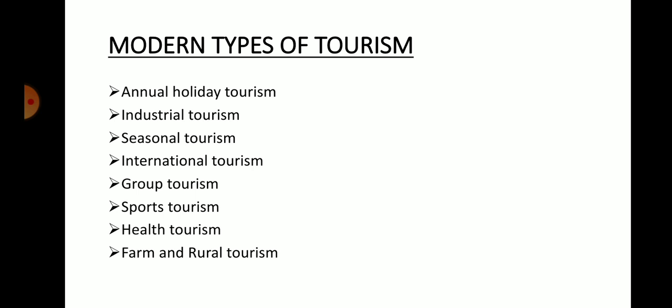They are annual holiday tourism, in which people travel every year during the summer season, industrial tourism, seasonal tourism, international tourism, group tourism, sports tourism, health tourism, and farm and rural tourism. These are some of the other tourisms available in modern days.